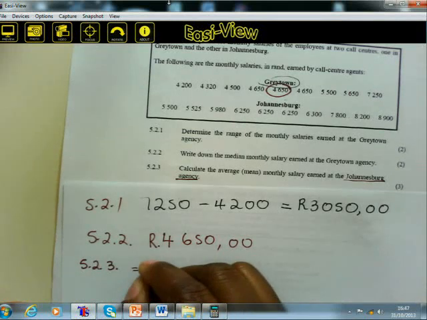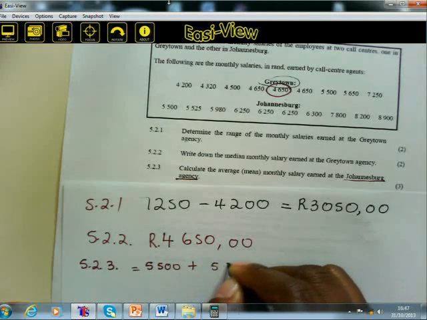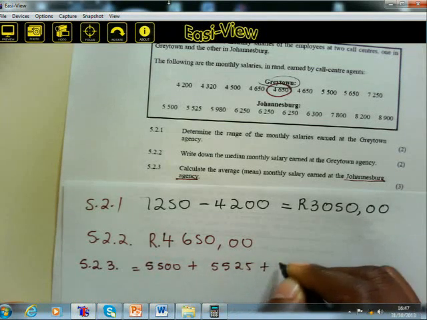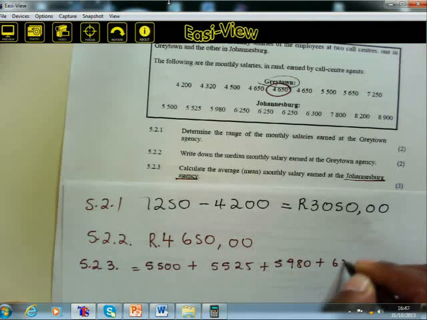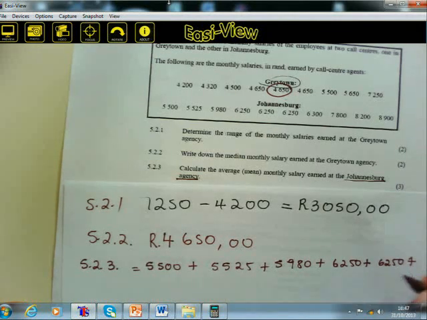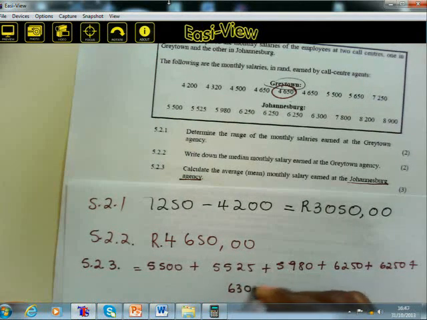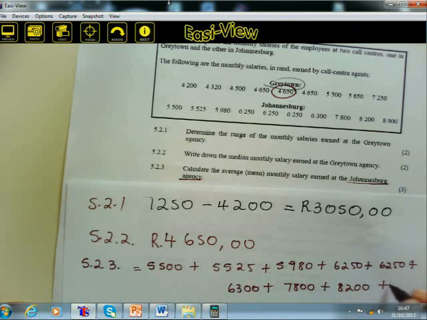So in this case, it will be 5,500, 5,525, 5,980, 6,250, 6,250 again, 6,250 again, 6,300, sorry for this, 7,800, 8,200, and then 8,900.